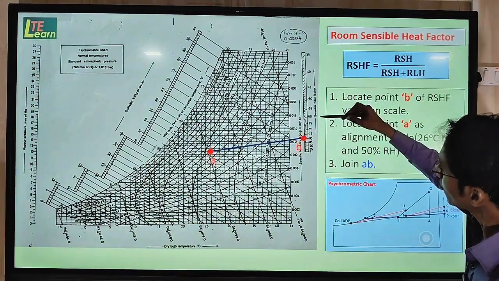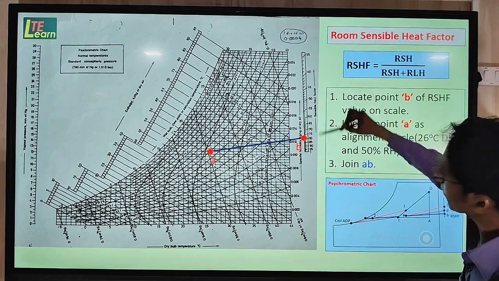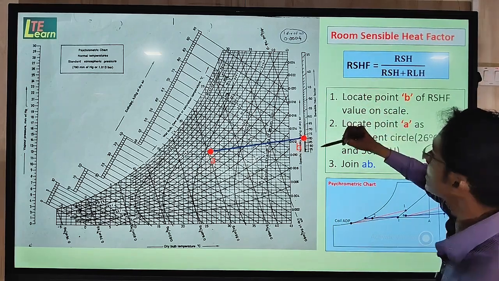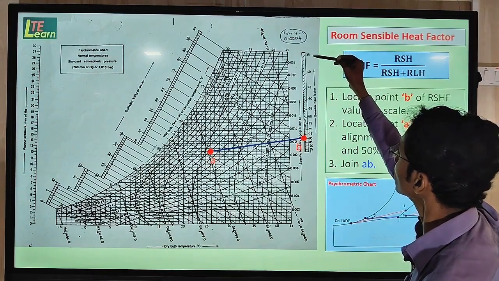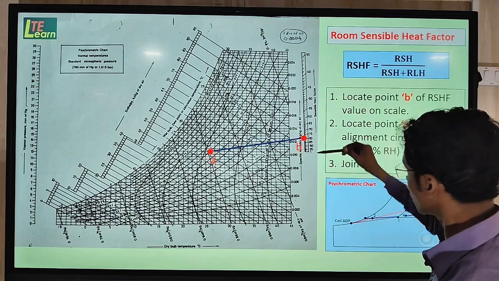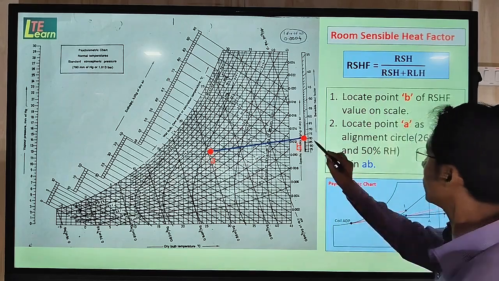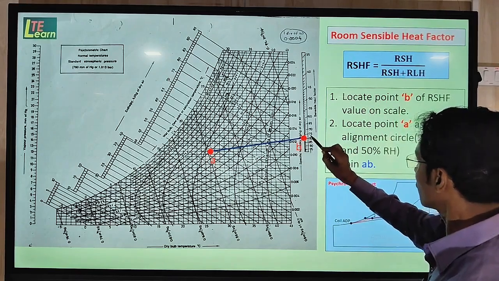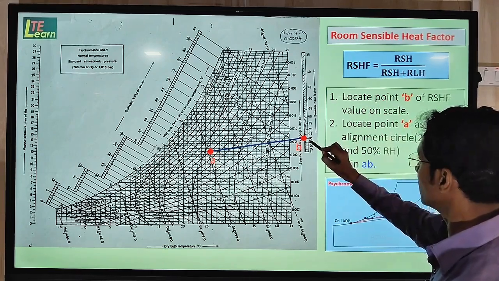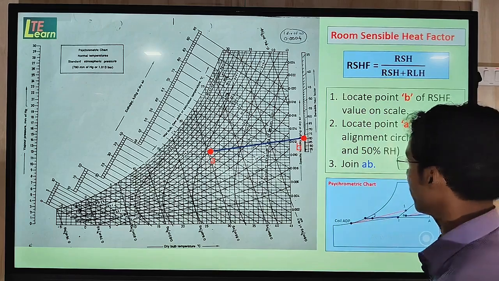This is a scale called the sensible heat factor scale. So here this sensible heat factor is ranging from 0.35 in a downward direction up to 1. So whatever value of RSHF we get, we locate on this scale and we call that point B.